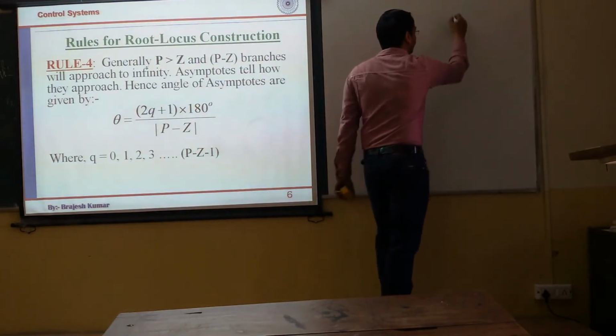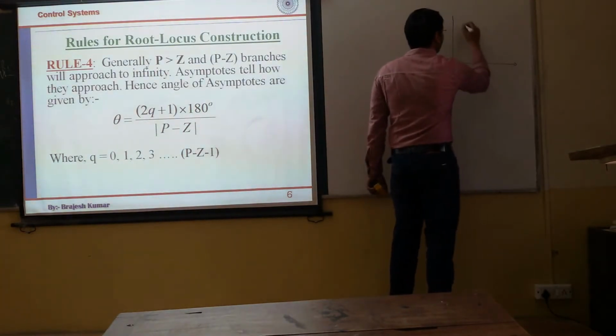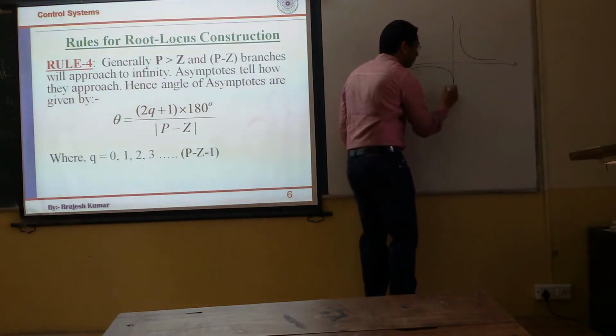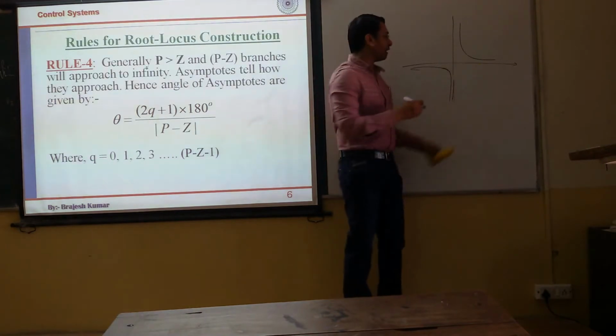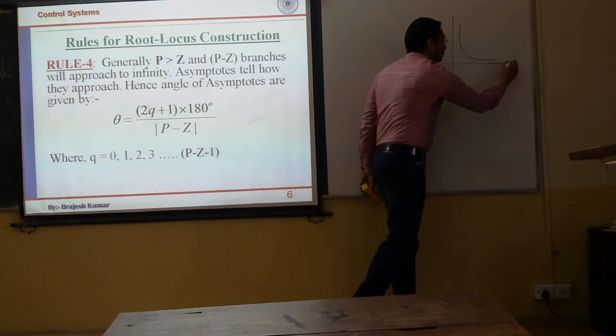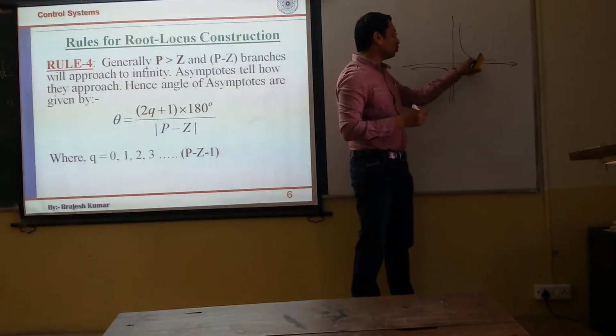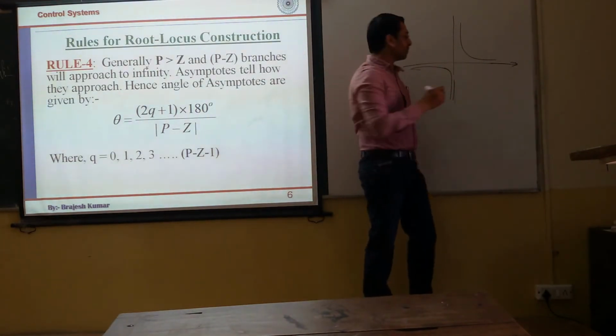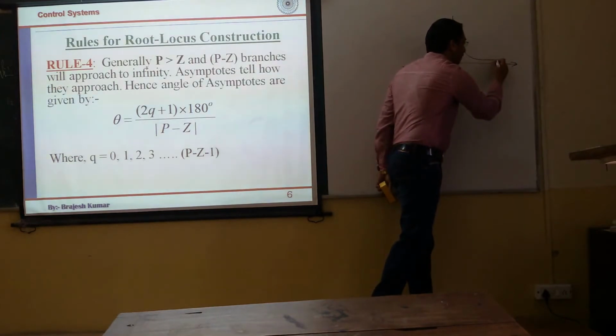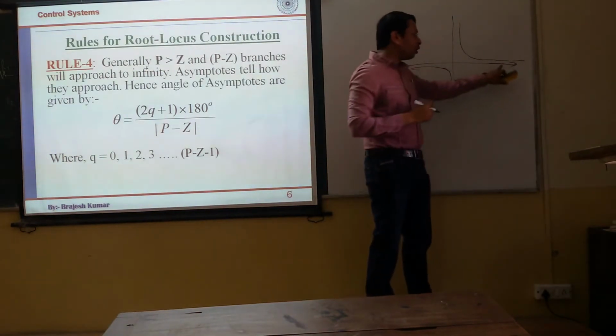You might remember from your class 12 concepts that for a rectangular hyperbola, this is the graph of a rectangular hyperbola, we said that this line is an asymptote to this curve. Why? Because the concept of an asymptote says that the curve will approach infinity along this line.